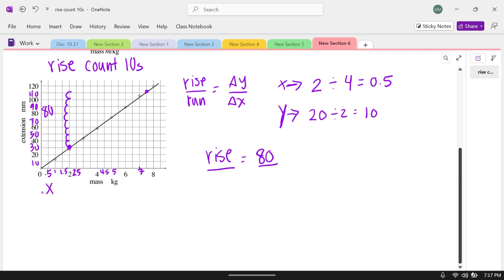Now I can do my run. We need to count by 0.5 because each line here is 0.5. So instead of counting by ones and saying this is 11, I'm going to count by 0.5. So 0.5, 1, 1.5, 2, 2.5, 3, 3.5, 4, 4.5, 5, 5.5. My run is actually 5.5.